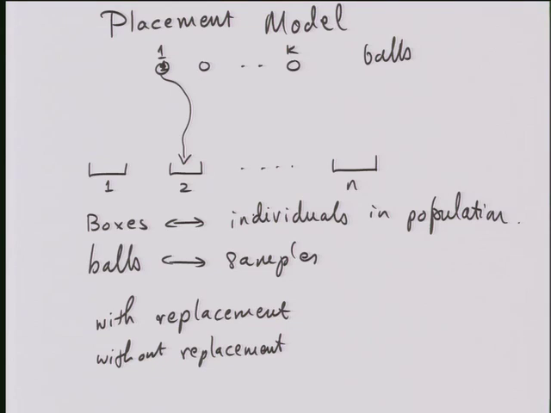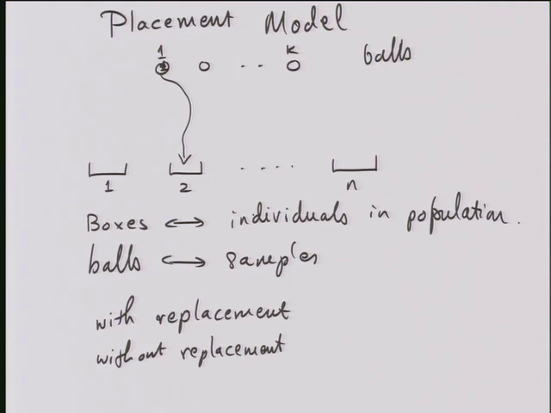Okay, sorry, let's go over it. In this context, remember the individuals are the boxes. The sample is a ball. So if you have two balls that land in the same box, that means you've sampled that individual twice, which means you're doing it with replacement.